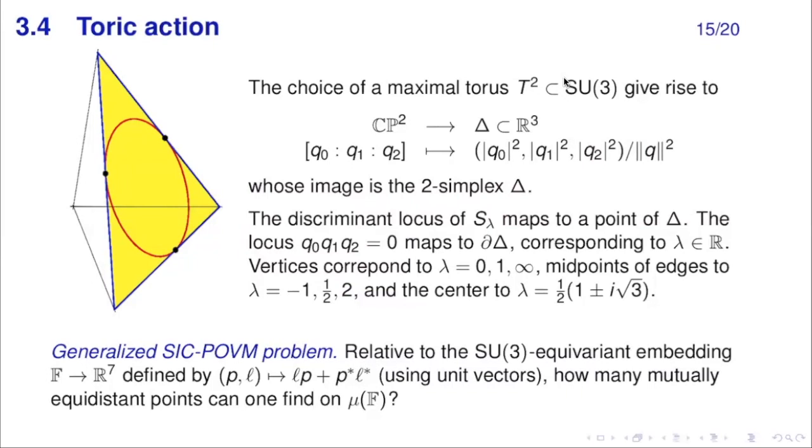Here I've got the moment map from CP2 to a triangle, and there are other problems also related to this real moment map and embedding the flag manifold into its real Lie algebra R8, and asking how many sets of equivariant, mutually equidistant points we can find.